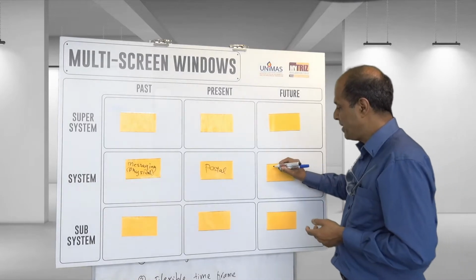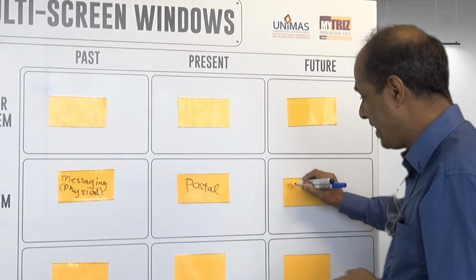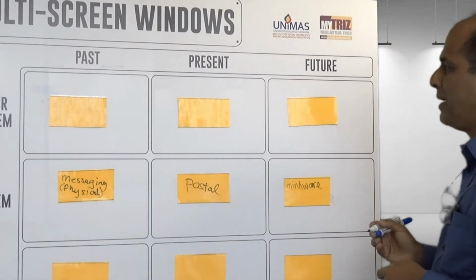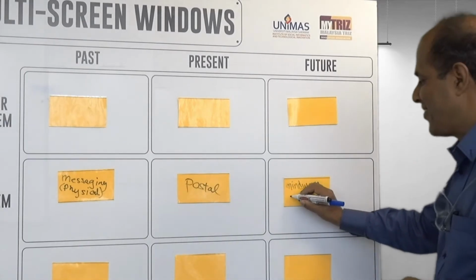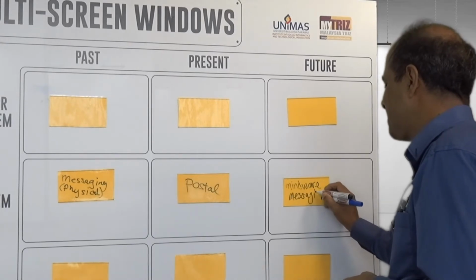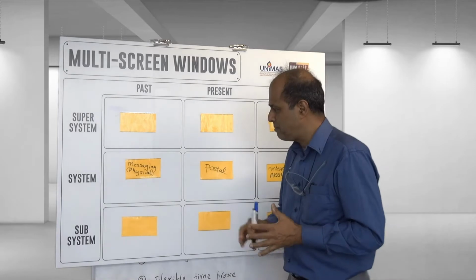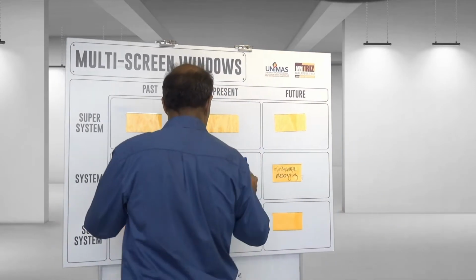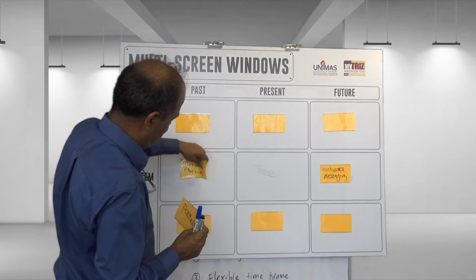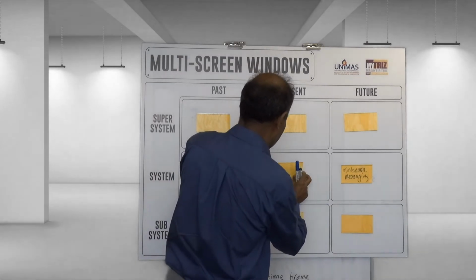So here, we could take an example of mindware messaging, right? So imagine that we are trying to invent this messaging service. So what we will do is I will just move these postal services over here, and let's have electronic mail over here.